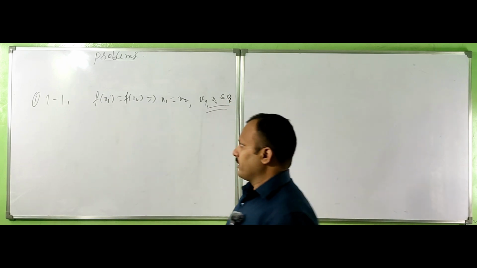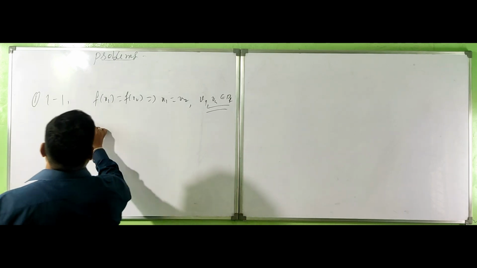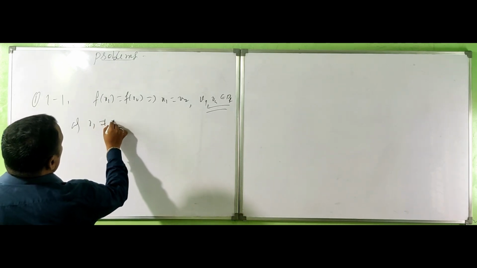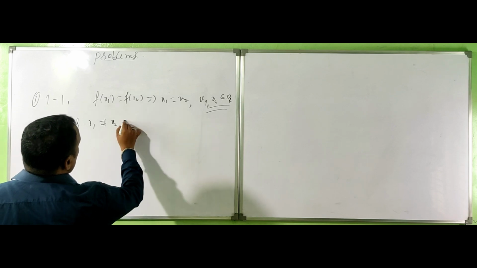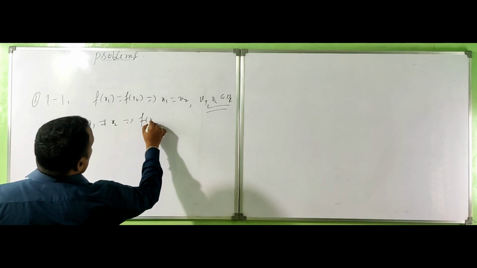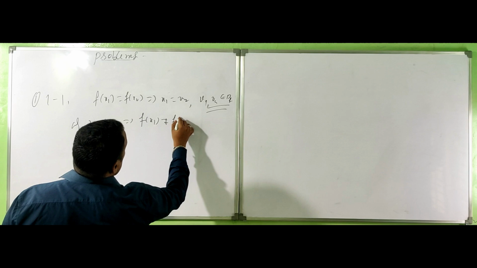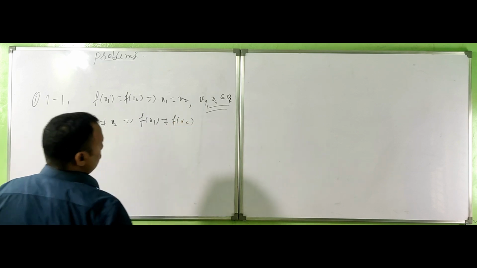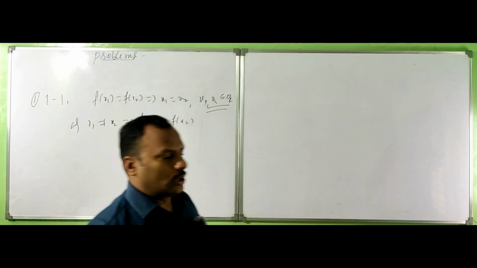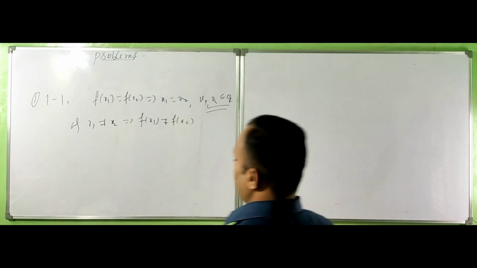Either that, or if x1 is not equal to x2, then f of x1 is not equal to f of x2. Again, x1 and x2 belong to the domain of f for a one-one function.